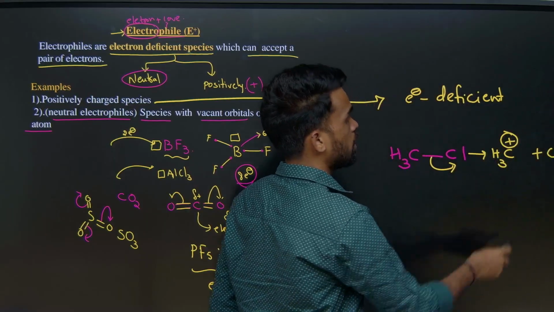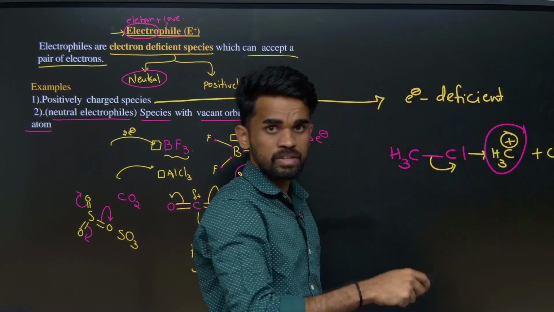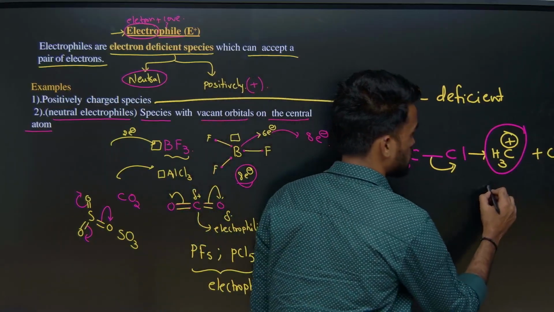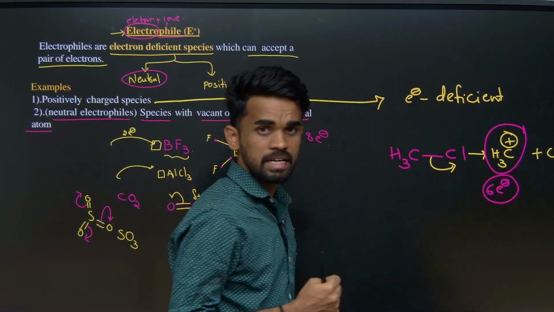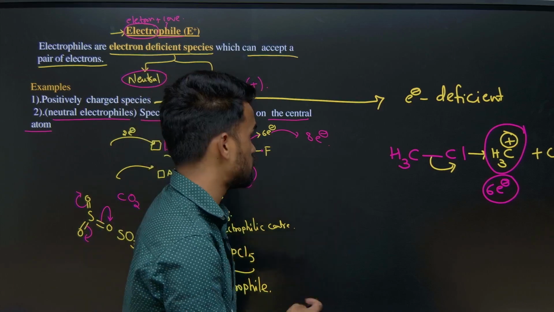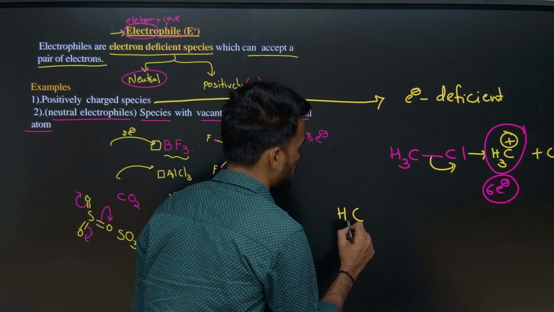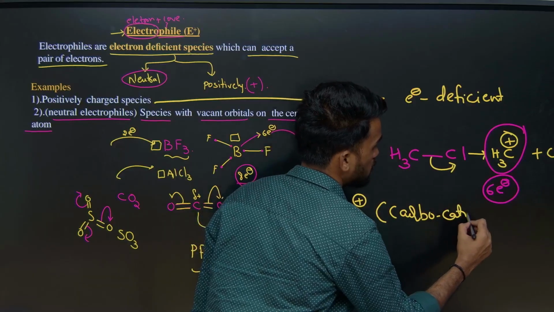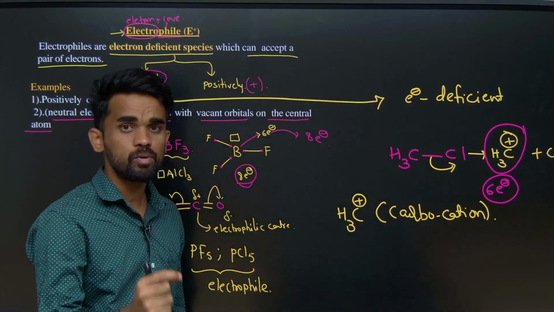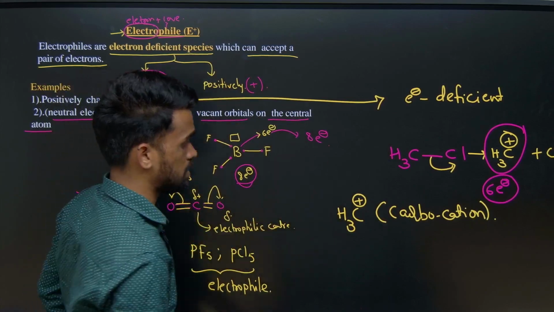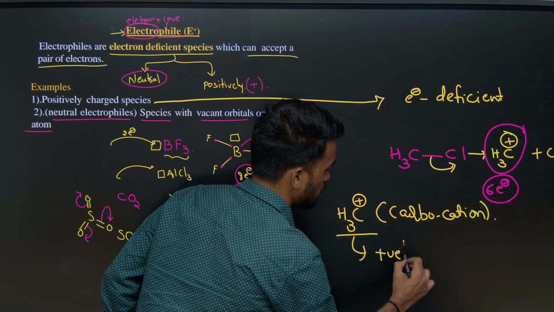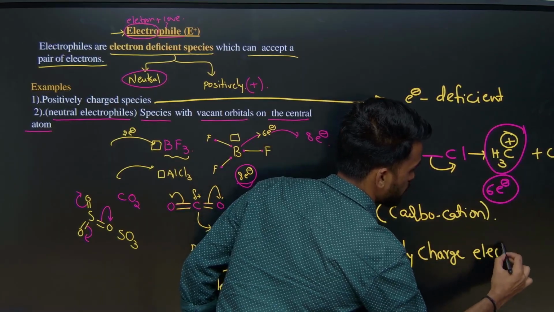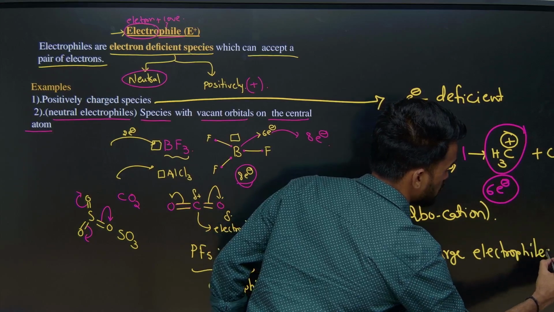Now this carbocation, carbon with positive charge, how many electrons are there in carbocations? We discussed it has only 6 electrons. So is it electron deficient or rich? Electron deficient only. So all carbocations are electron deficient, and they are examples of positively charged electrophiles. I hope this is clear.